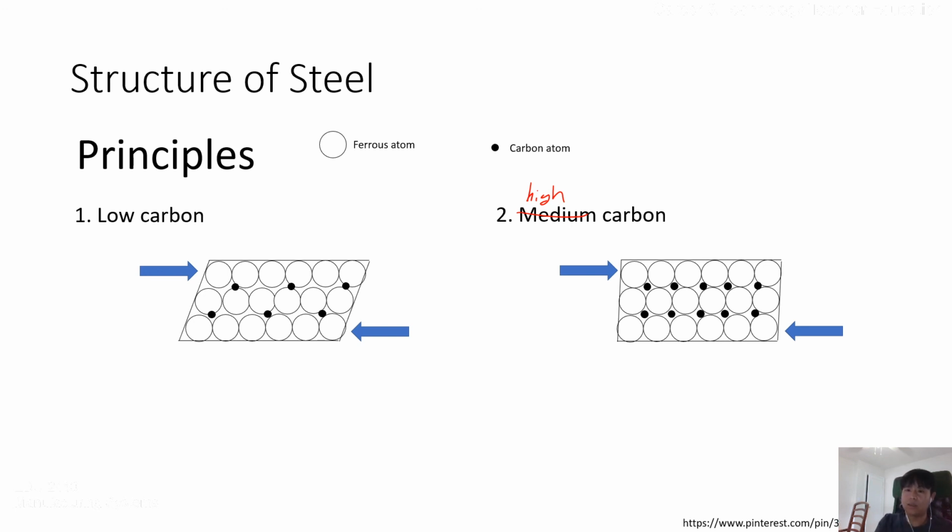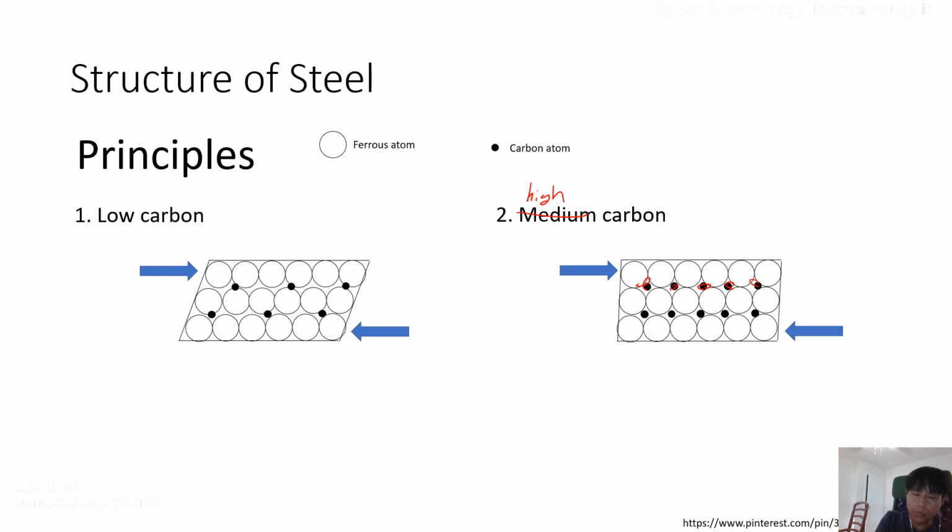Why? You can see the carbon prevents moving the molecular structure that holds with the ferrous atoms, right? That's why high carbon is usually brittle, but not ductile, not malleable.